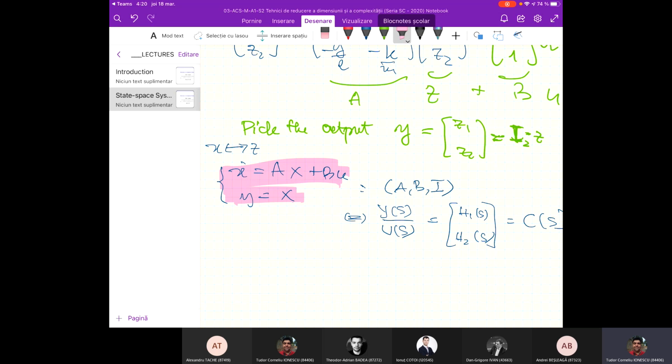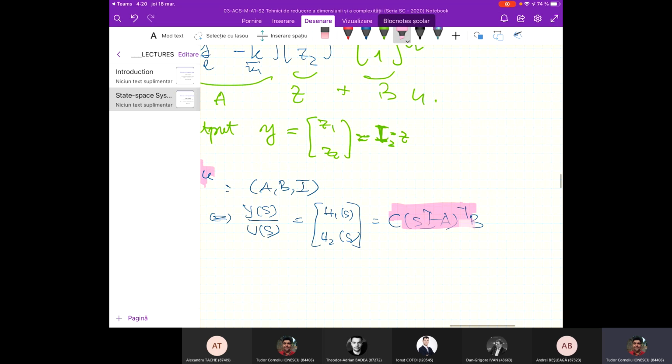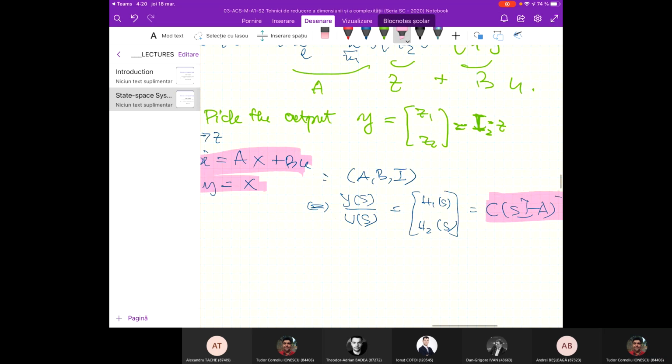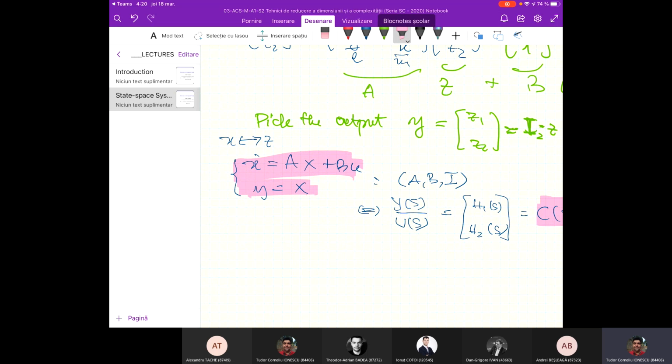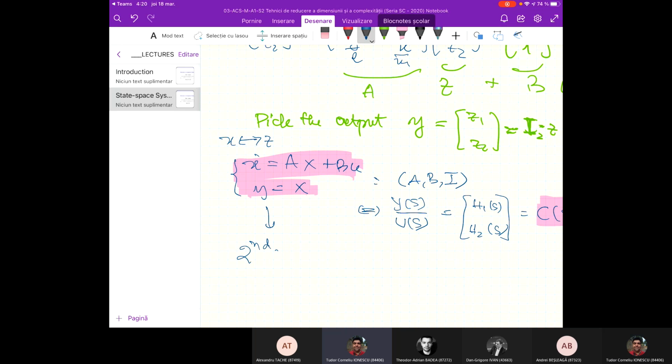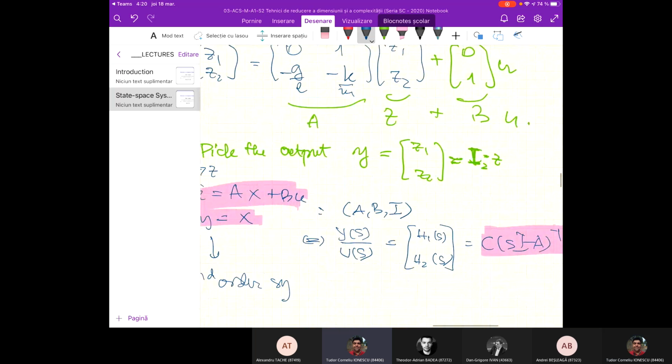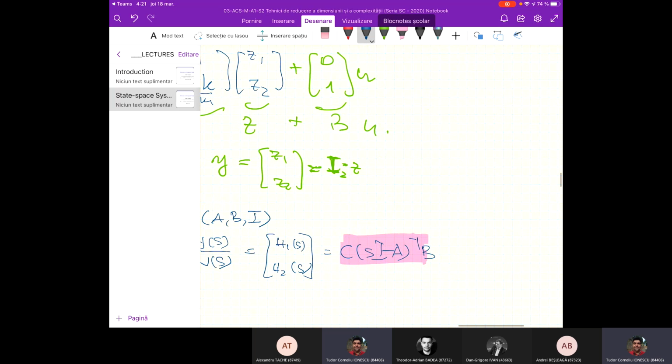This object is second order, because it's always the dimension of matrix A. So it is a second order system, and this is also a second order transfer matrix.